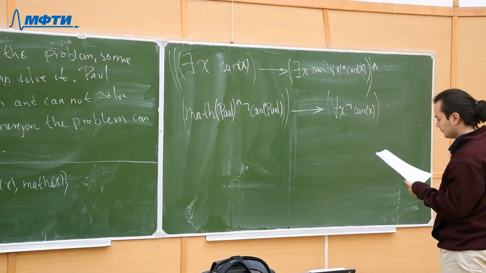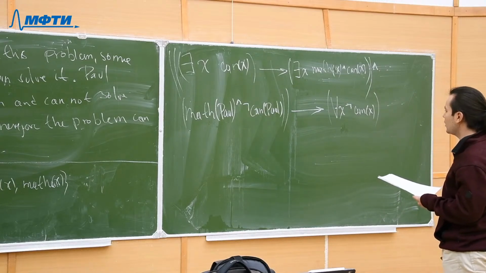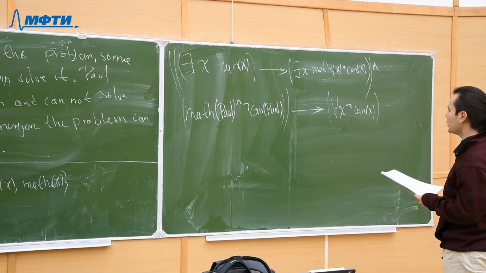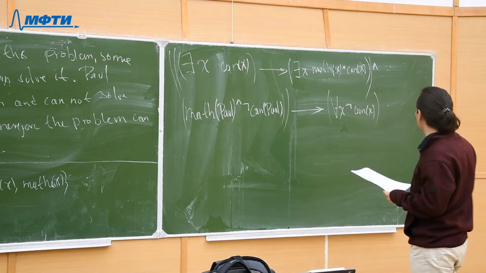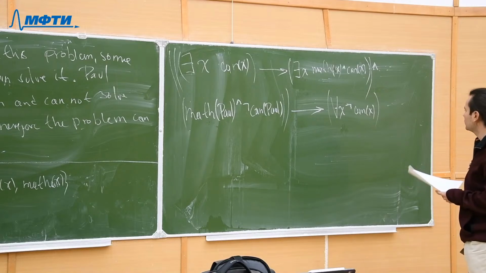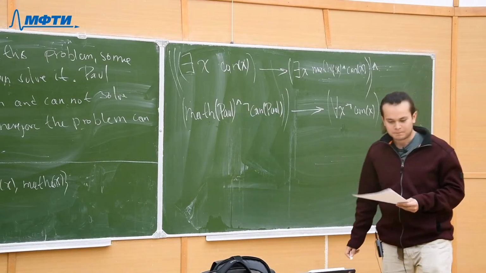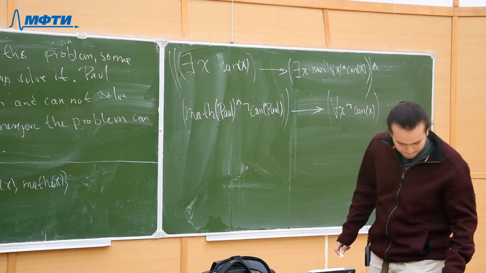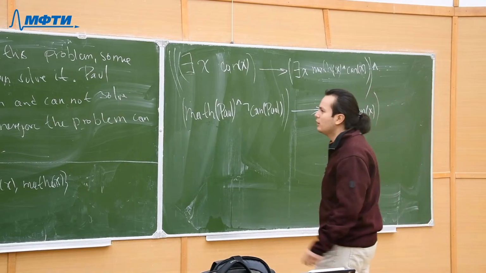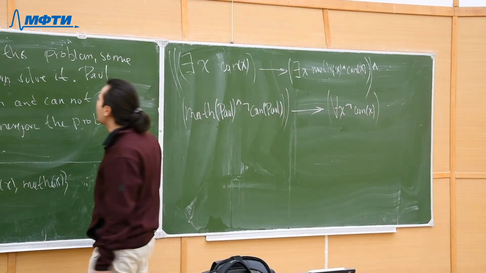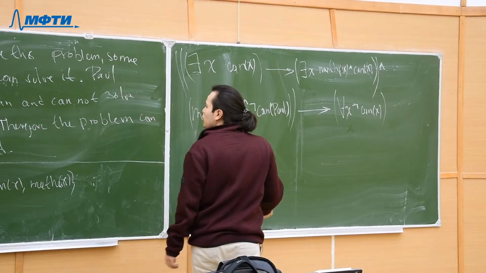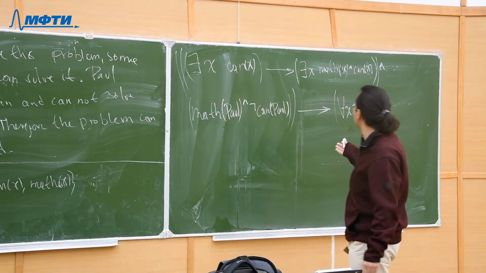So, first of all, is this true or false? How are we going to see this? Any ideas? So again, let's read this. If anyone can solve this problem, some mathematician can solve it.